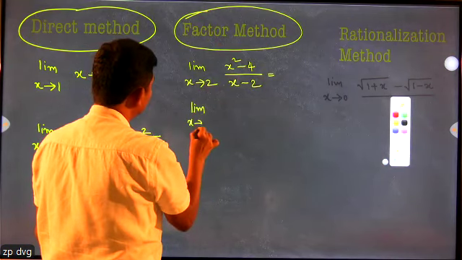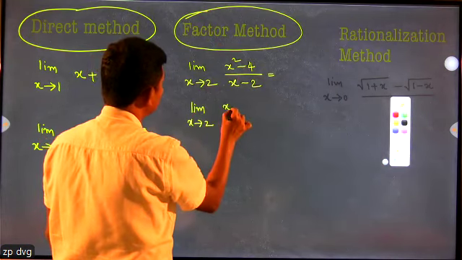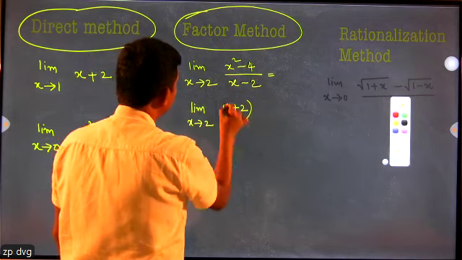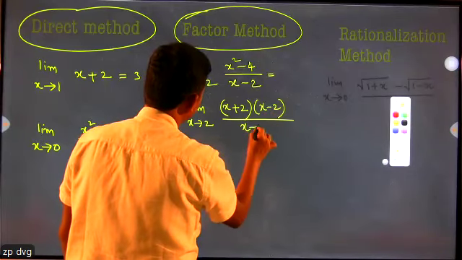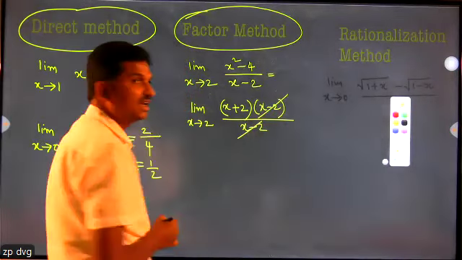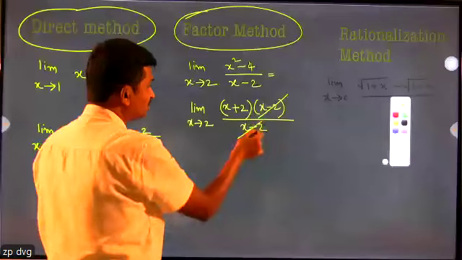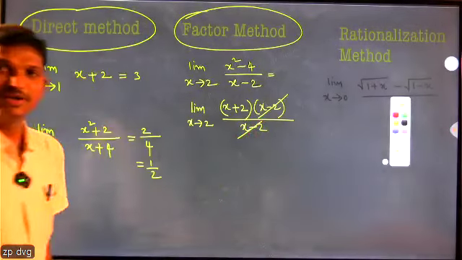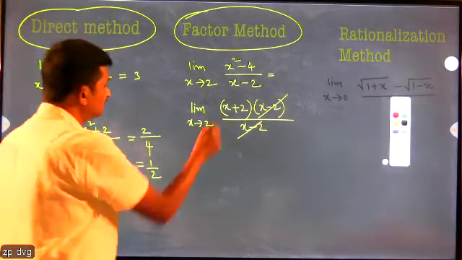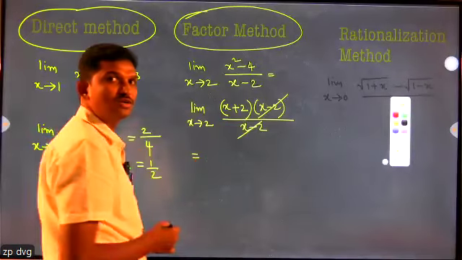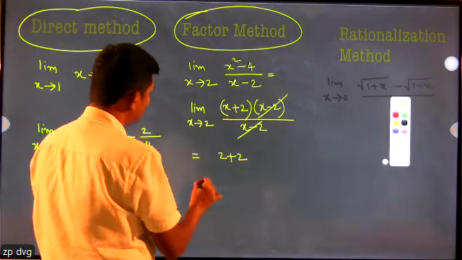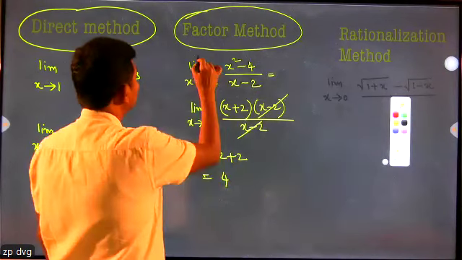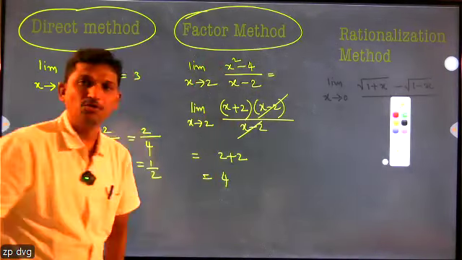Limit x approaches 2, x square minus 4 can be written as x plus 2 into x minus 2, divided by x minus 2. This x minus 2 will get cancelled. That's why we were getting the 0 by 0 form. Now put x equal to 2: 2 plus 2 is 4. So the limit of this function is 4.